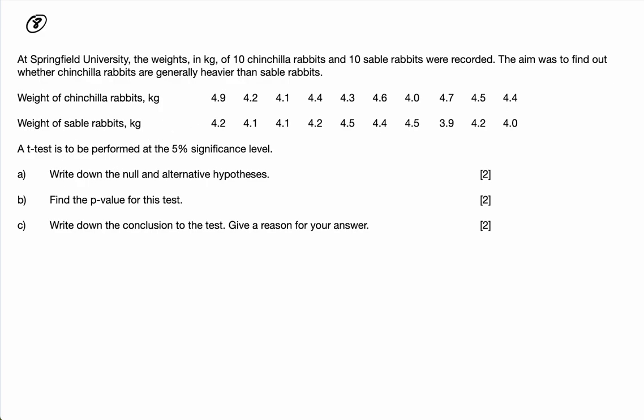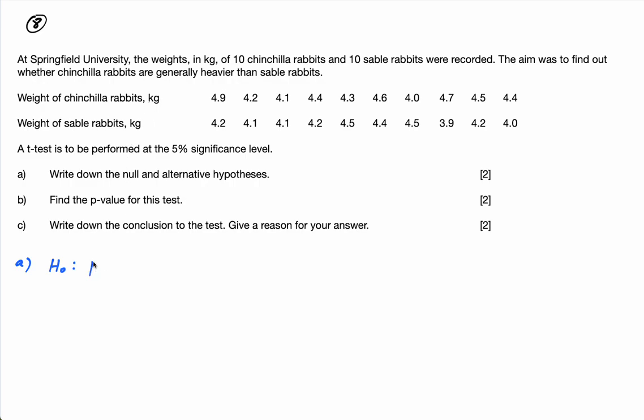Anyway, the first thing is it says write down the null and alternative hypotheses. So the null hypothesis H0 is that they're the same. When we're running a t-test, we always start by looking at the difference of means, and we always assume that they're equal. That's the null hypothesis: we assume there's no difference in the means. So we're going to say this mean is equal to this mean.